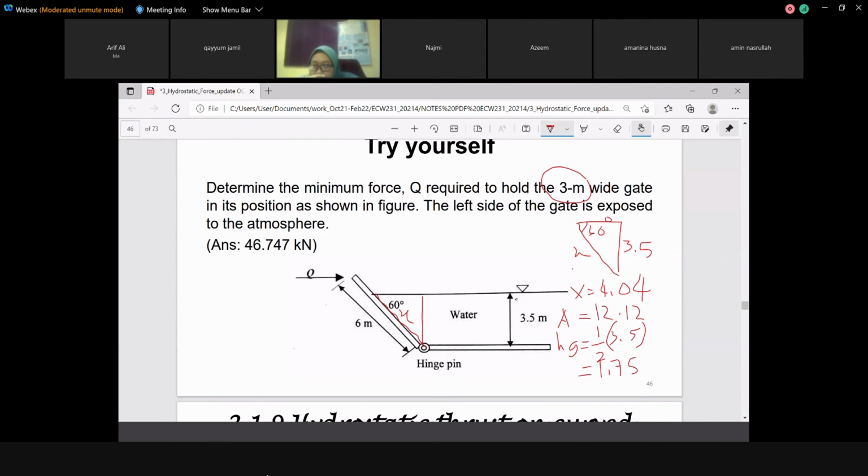Okay, dah dapat HG, boleh tak cari force? Semua dah ada kan? So, you can find the force. Rho G, HG area.